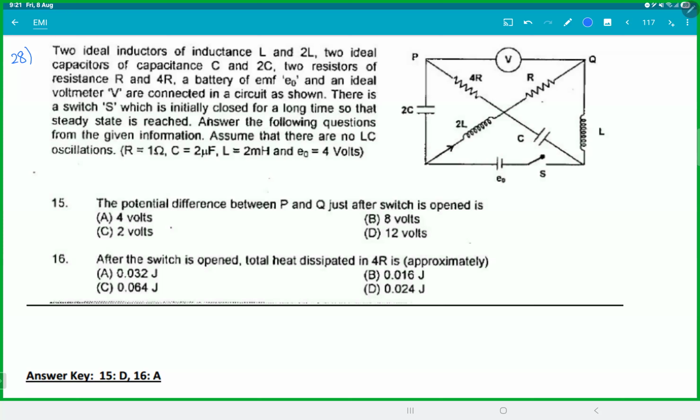Yeah, wires are connected in the middle. And if they're not connected, they will show like this. So don't worry.